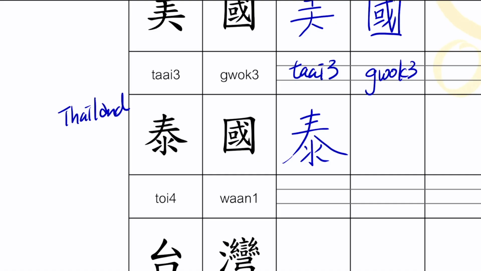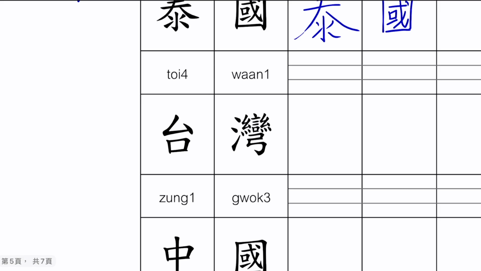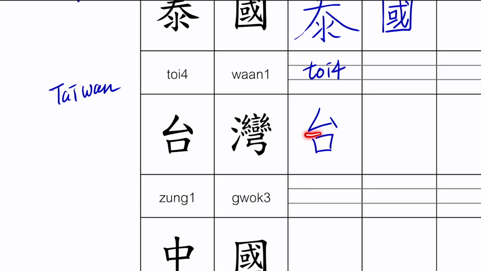國 G-W-O-K, third tone. 直橫直橫直橫直橫剔斜勾撇點橫. Next one, 台灣, Taiwan. 台 T-O-I-4. 撇橫點直橫直橫.